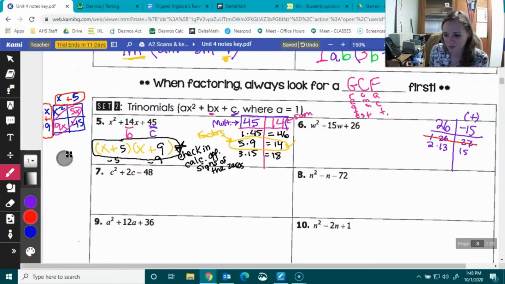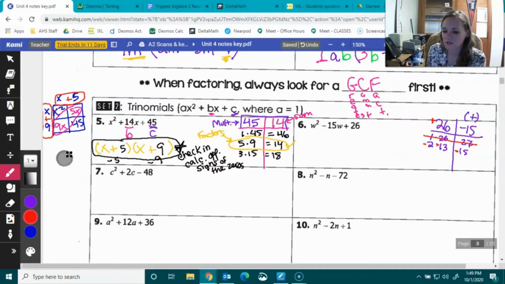Yeah, that's all we got to do, so insert a little negative here and a negative here, because the nice thing is a negative times a negative is still a positive, right? Negative times a negative is still a positive 26, so we're allowed to use 2 negatives. So adding these, negative 2 plus negative 13 will give me negative 15. So that's all I had to do was plop in 2 negatives, and then I get my negative 15.